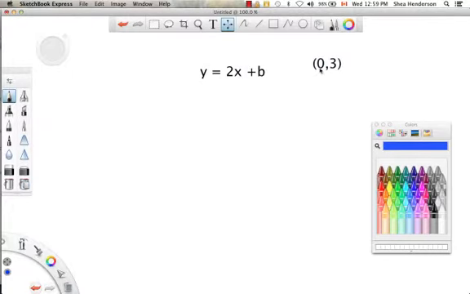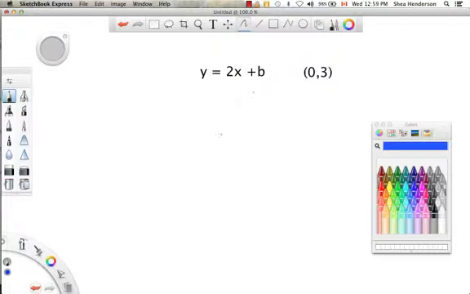So this is what we know about it. This equation right here is going to give us a line. This point is somewhere on that line. We know that the slope is 2 because that's where the m is supposed to be. We don't know what our b is, and we're trying to find that.